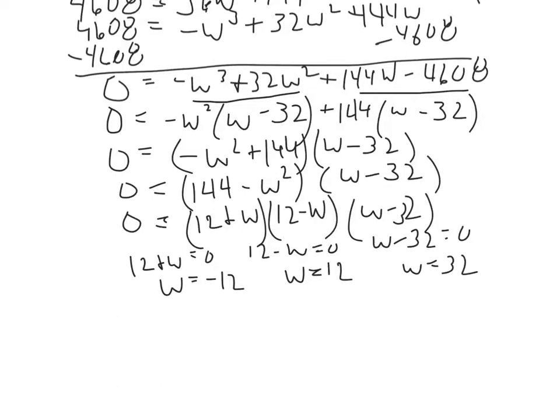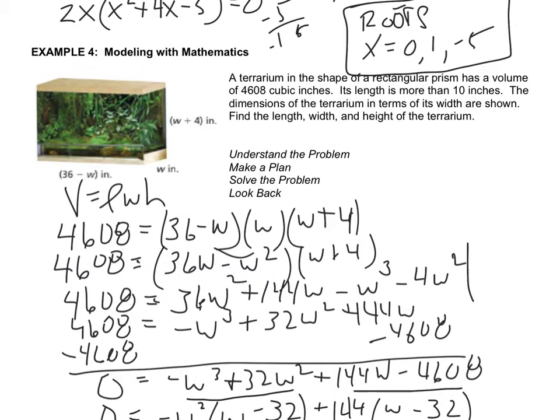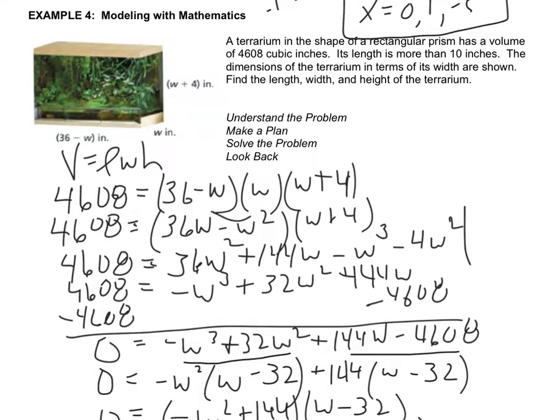So unlike a regular generic trinomial or polynomial, we have a context, and we have to figure out, do these numbers make sense? So going back up to our problem, what we need to know is that the length is more than 10 inches. We want to find the length, the width, and the height of the terrarium, remembering what our initial binomials start out as.